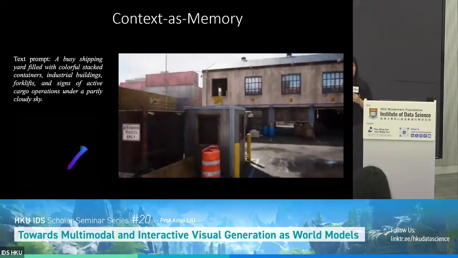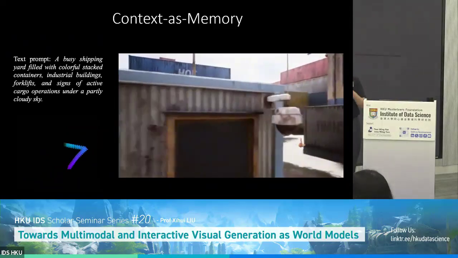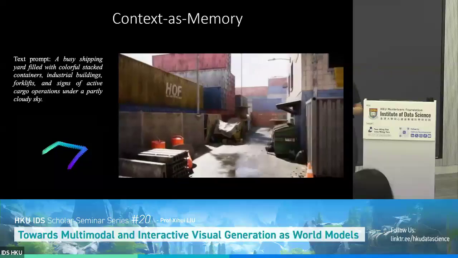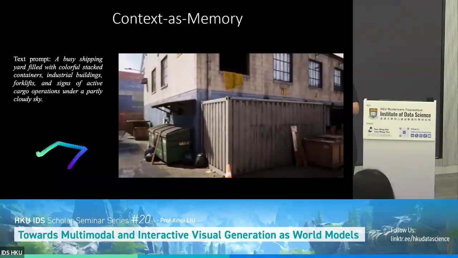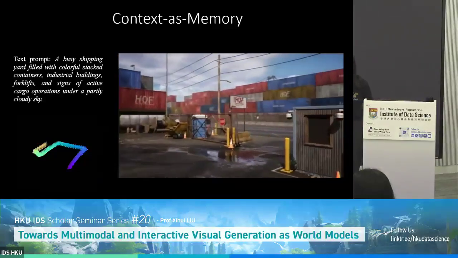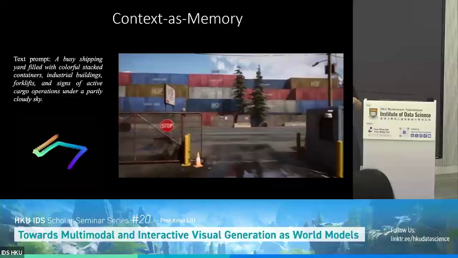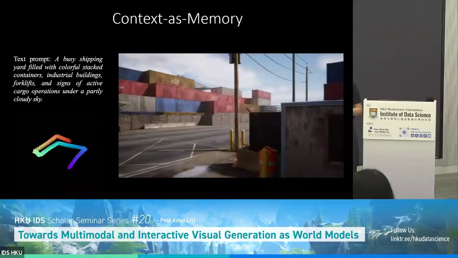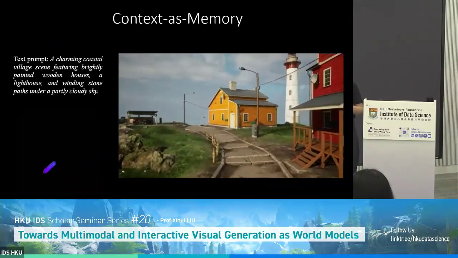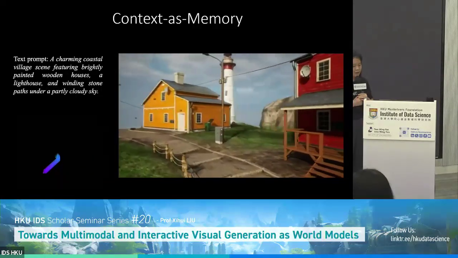For the memory mechanism, another thing I would like to mention is that currently there are two lines of research in memory. One line is trying to use explicit 3D reconstruction as memory, and another line is trying to use latent information instead of explicit 3D reconstruction.